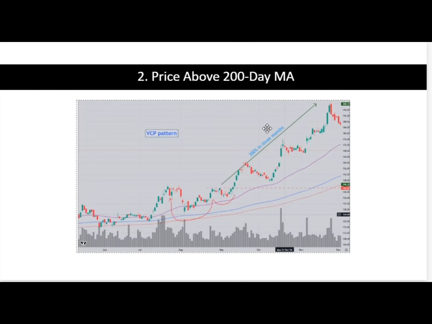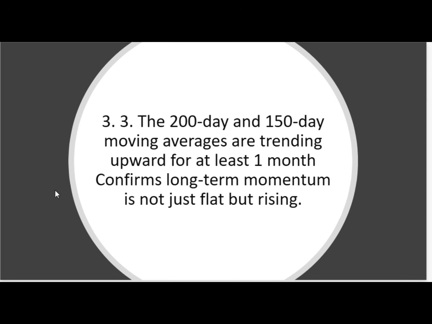So this is the confirmation for all. You can almost never find a successful VCP setup that is not above these moving averages. So let's move on to the third condition.